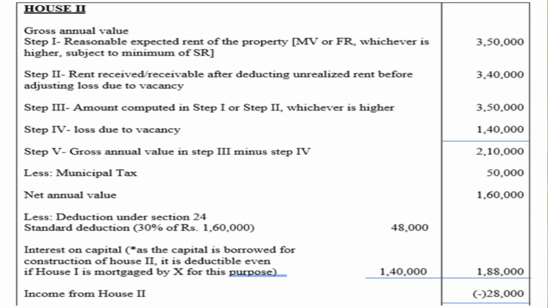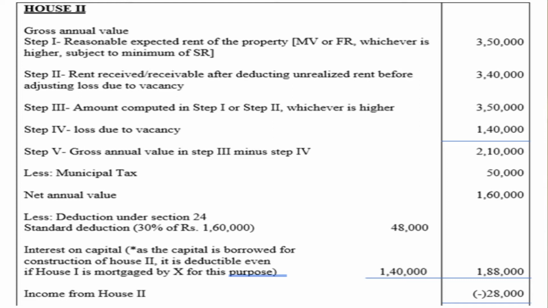Higher is 3,50,000. But as standard rent is applicable here, it cannot exceed standard rent. But in this case, standard rent is 5 lakhs, which is much higher than the higher of fair rent and municipal valuation. So out of 3,20,000 and 3,50,000, the higher 3,50,000 will be the expected rent of the property.